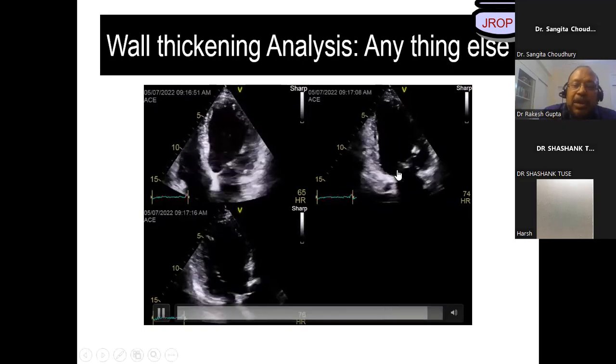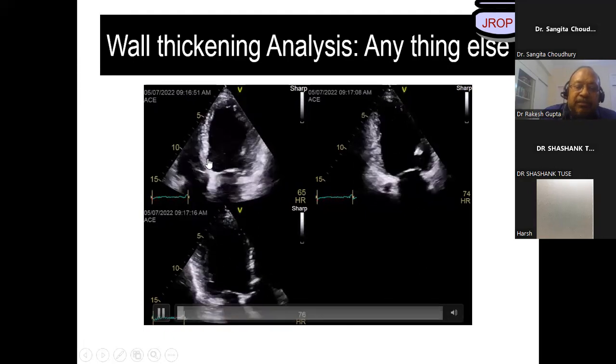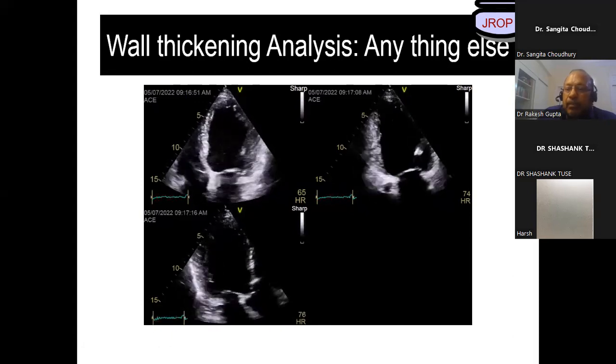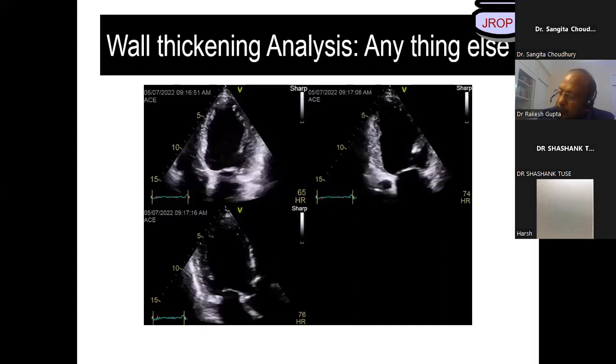Tell me any other abnormality in this four-chamber view, apart from the basal septum, which is akinetic. Anything else which you see in this four-chamber view? Sir, we are concerned with wall thickenings.